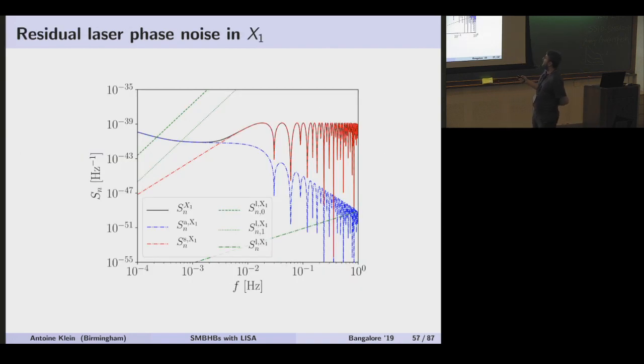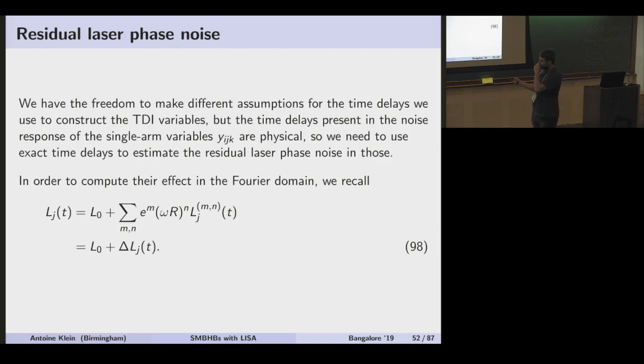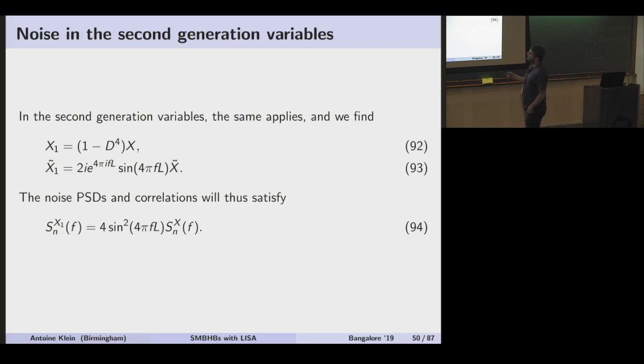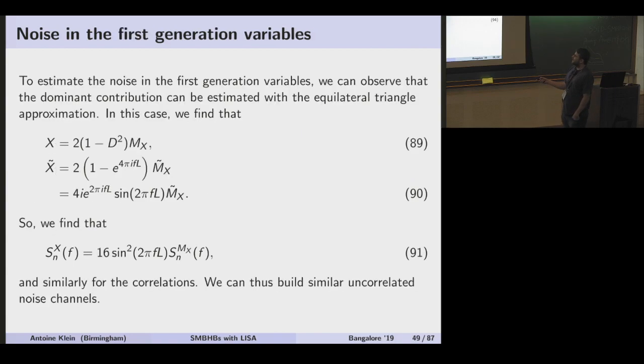But if we assume that we have some data in a second generation TDI variable that's devoid of any laser phase noise because we've reduced it, then we saw yesterday that in the approximation that the triangle is equilateral, the different generation TDI variables are proportional to each other.